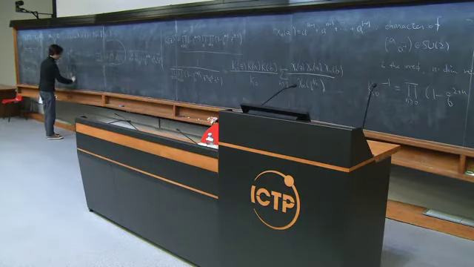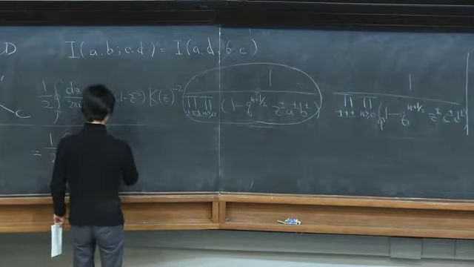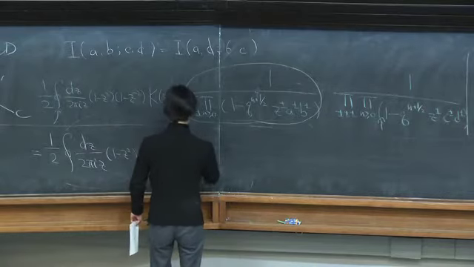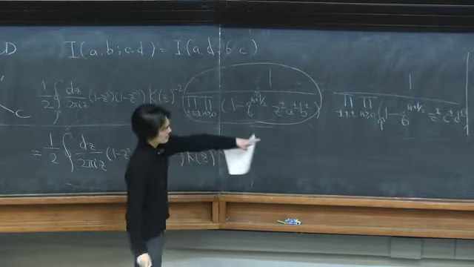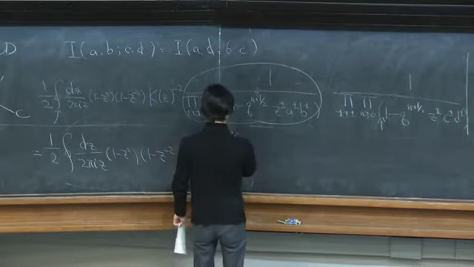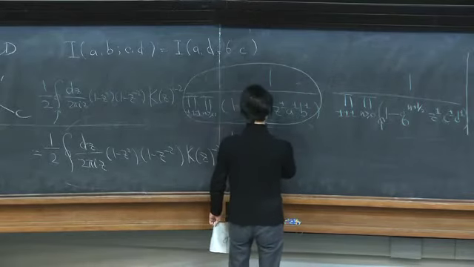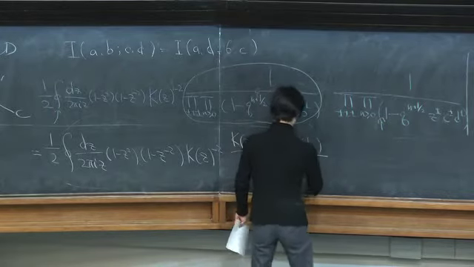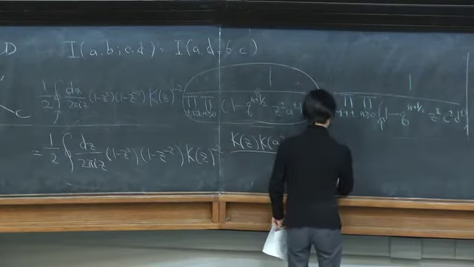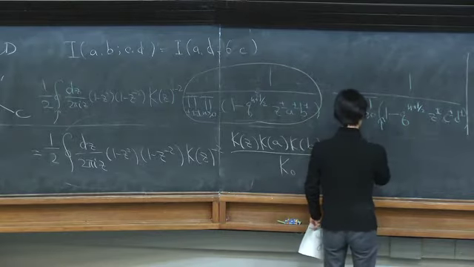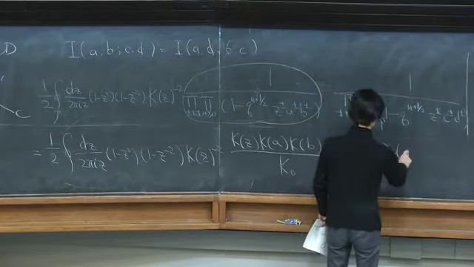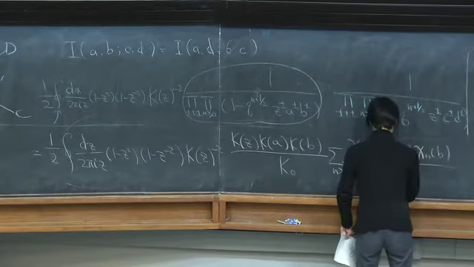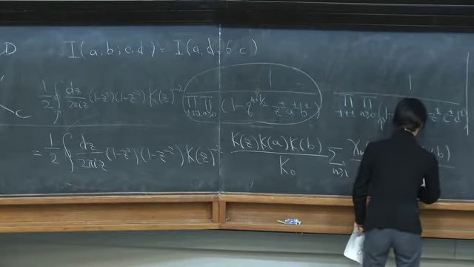Let's move very slowly so that you can take notes if some of you are taking notes. Kz inverse, and I plug in that expression: Kz, Ka, Kb over K0, summation over n, chi n z, chi n a, chi n b over chi n q 1/2.